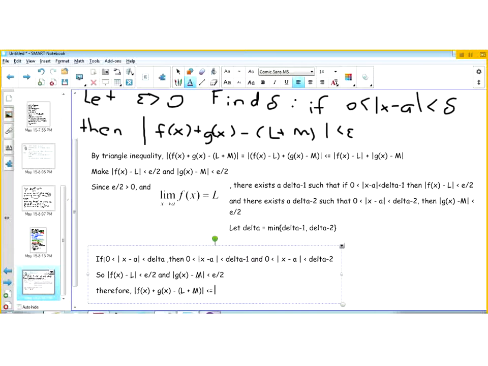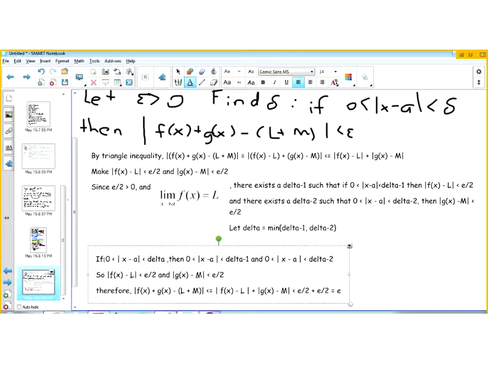Therefore, if we sum the two, we have |f(x) + g(x) - (L + M)|. By triangle inequality, that's less than or equal to |f(x) - L| + |g(x) - M|, which is less than epsilon over 2 plus epsilon over 2, which is equal to epsilon.